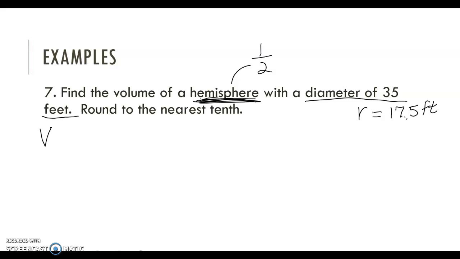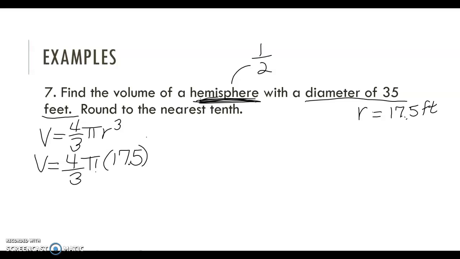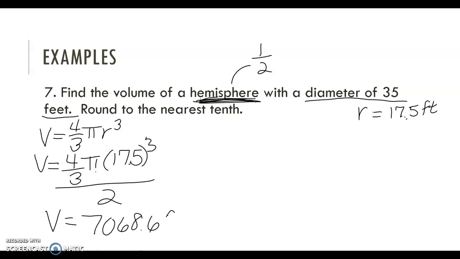So one way to approach this, if I take my regular volume formula, 4/3 pi r cubed, I can substitute in that 17.5 cubed, and you can type that all into your calculator, hit enter, and then divide it by 2 to get your volume of 7,068.6 cubic feet. The other way you can do that, so that's always going to work dividing by 2.